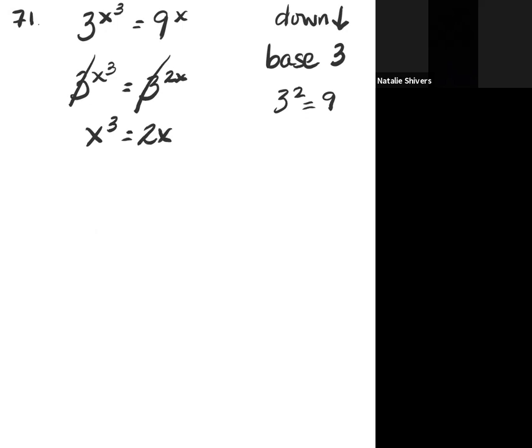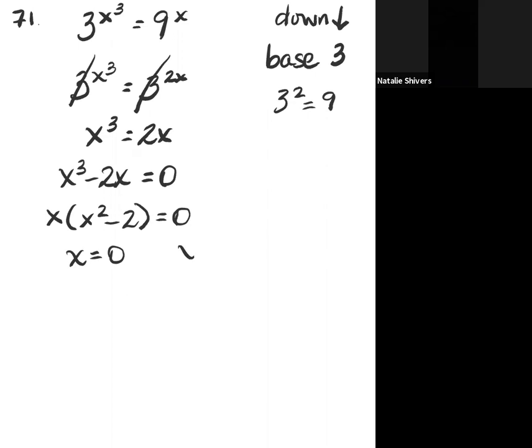Well, that's not super nice, but I can work it because I can solve for x by setting it equal to 0, taking an x out, setting each piece equal to 0. So we're using all these algebra rules that we already know about. x squared equals 2.